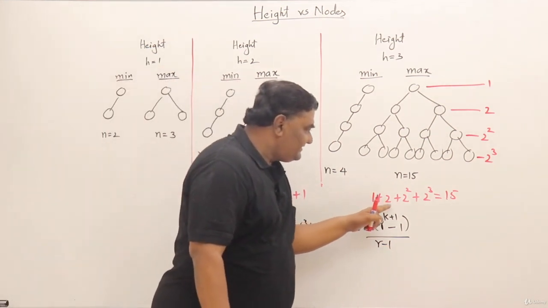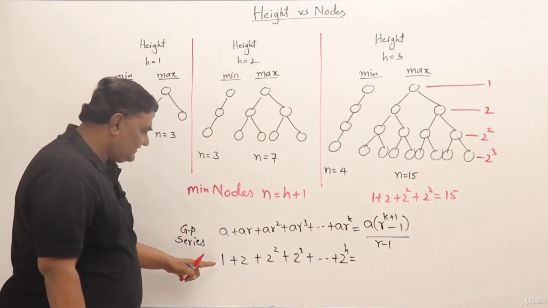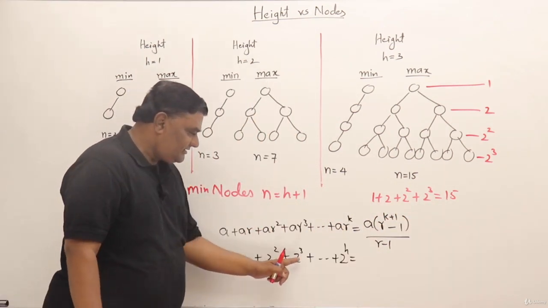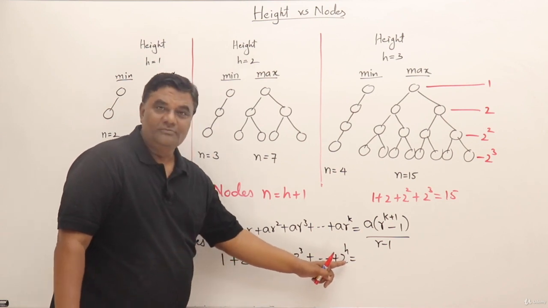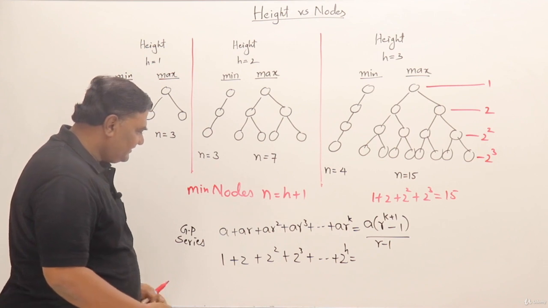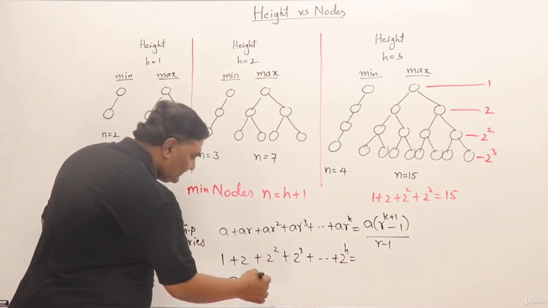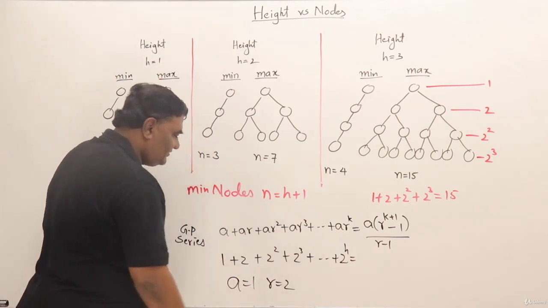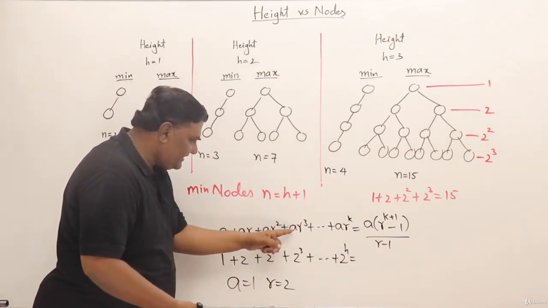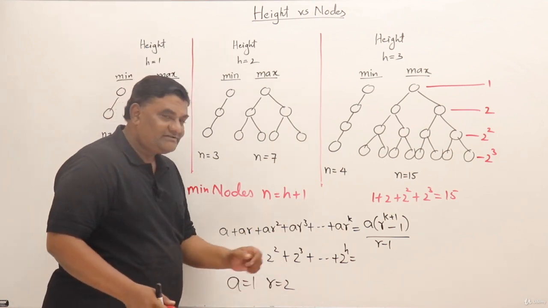Now this looks like GP series only. Let me write down that one. See, I have written this one. 1 plus 2 plus 2 square plus 2 cube goes on till 2 power h. Then what is a in this one? a is 1. Then what is r in this one? r is 2. See, for the first term coefficient a is not there. Not there means it is 1. So a is 1 and r is 2.